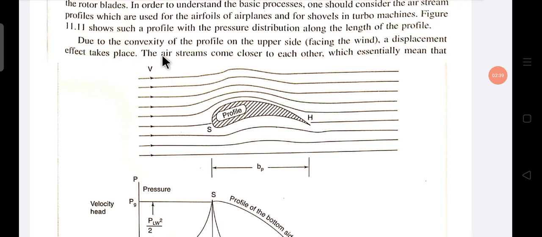The air streams come closer to each other. Here you see the air streams, these lines represent the air streams, and the air streams come closer on the upper side.